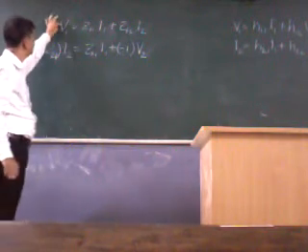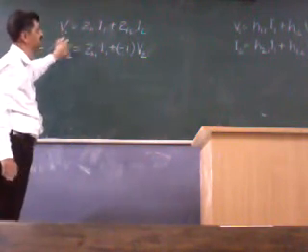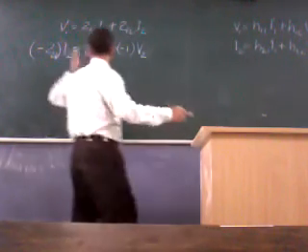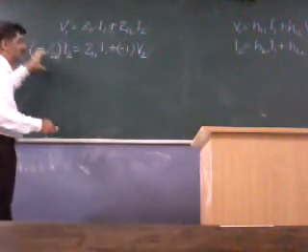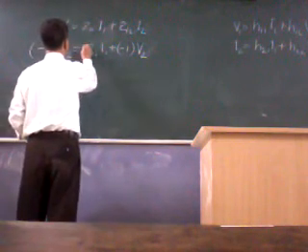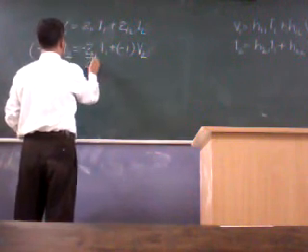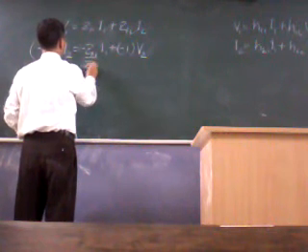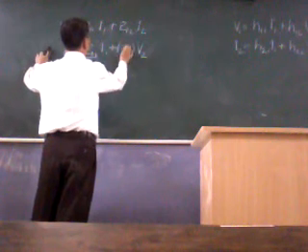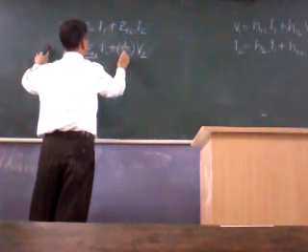So these two I have got at least somewhat. Then this I can divide. So it is minus Z21 upon Z22 and 1 upon Z22.